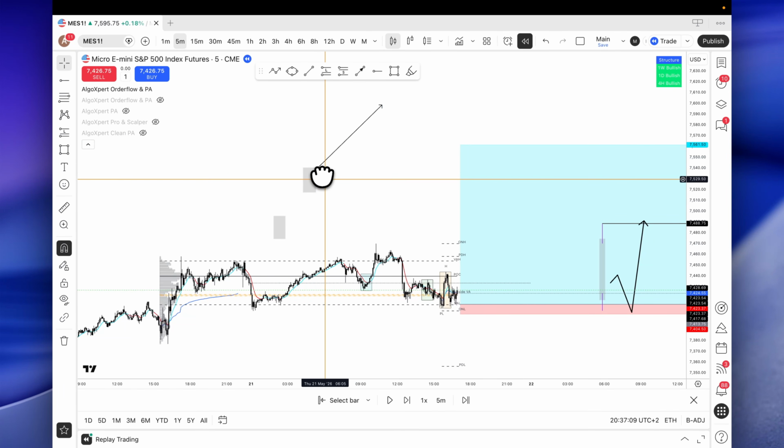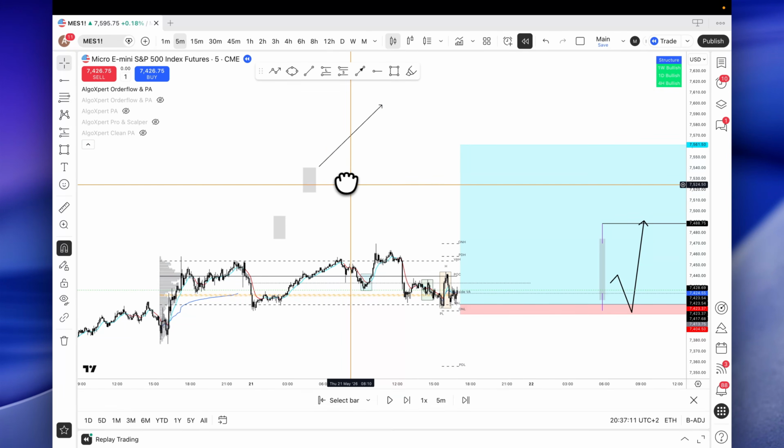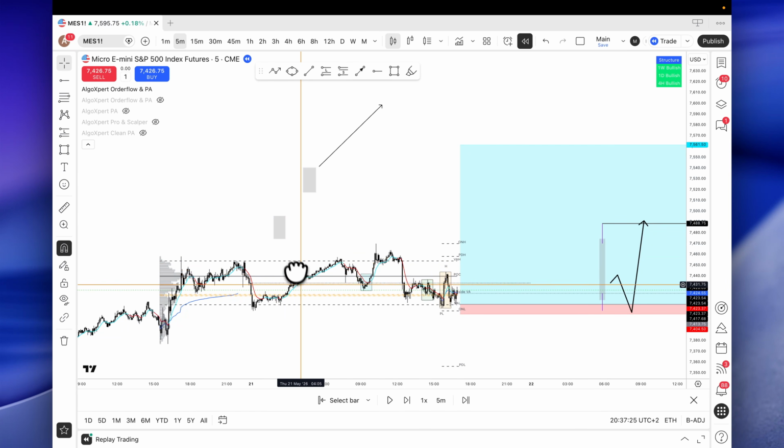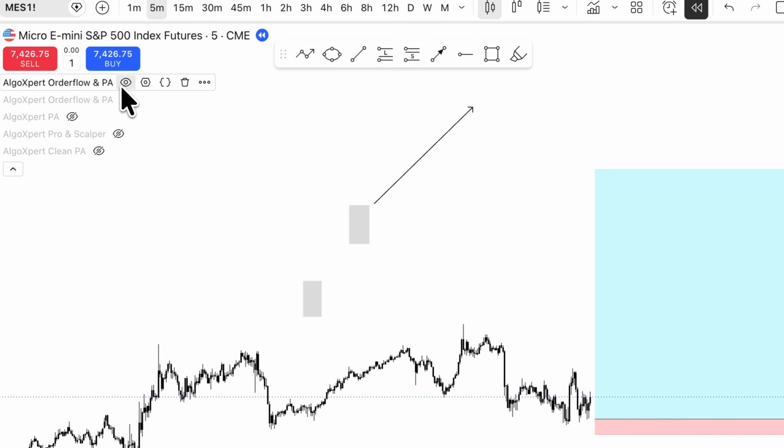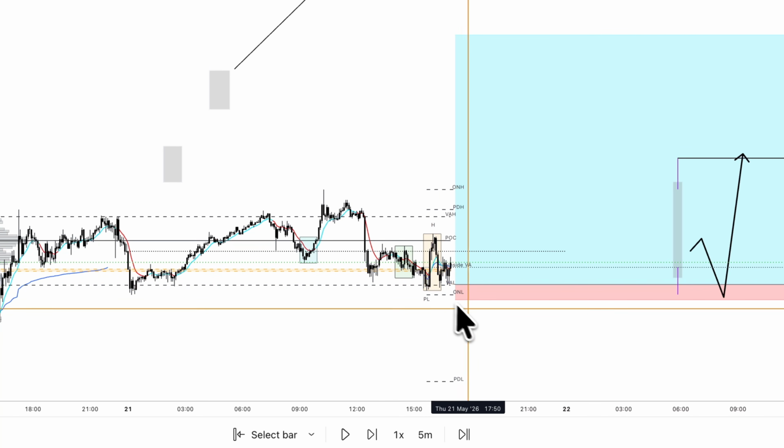So alone to understand this, you will immediately know whether to look for buys or look for sells, and statistically it is proven from the auction market where price is going to trade. And how it's going to be measured, this tool is doing everything automatically for you.